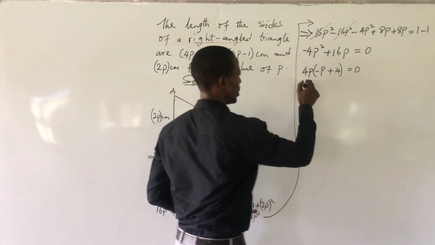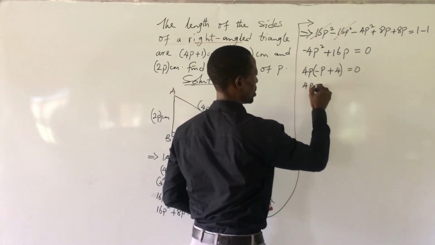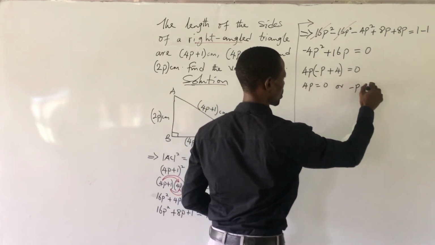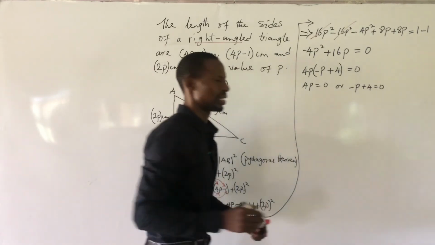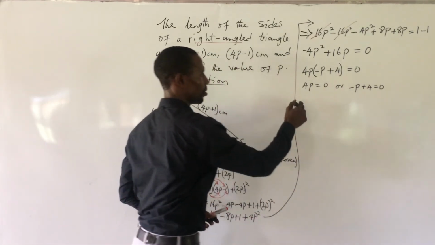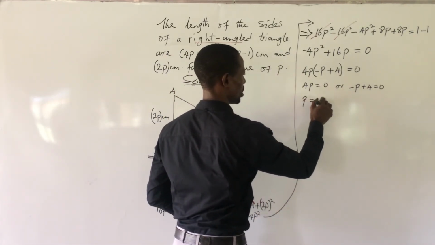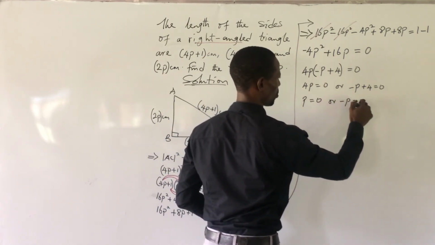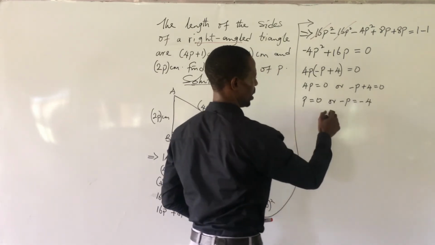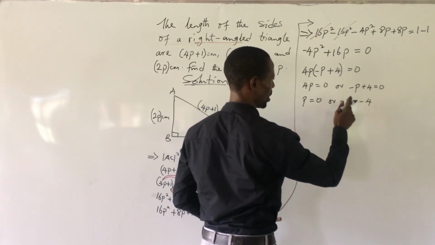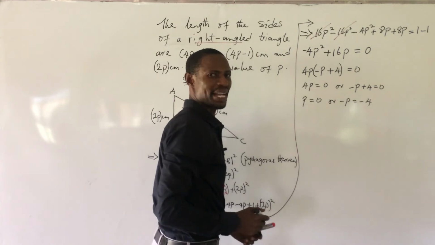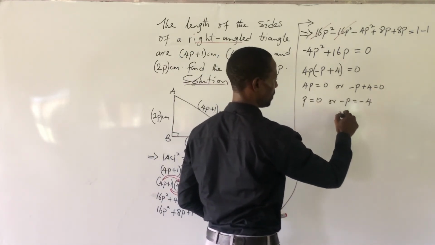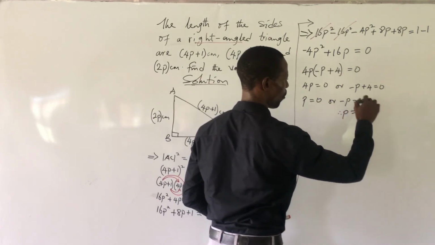This gives us 4p equal to 0, or -p + 4 equal to 0. From our indication, p gives us 0, or -p is equal to -4. Then multiply both sides by minus 1, because we have a minus sign attached to this. So therefore, p is equal to 4.